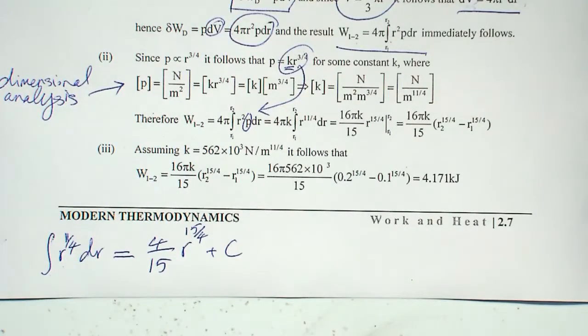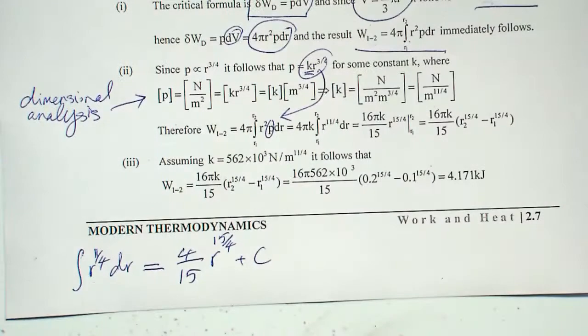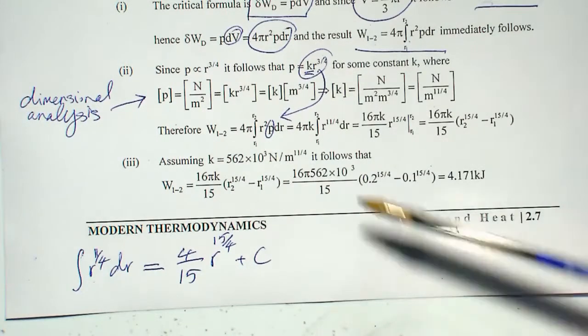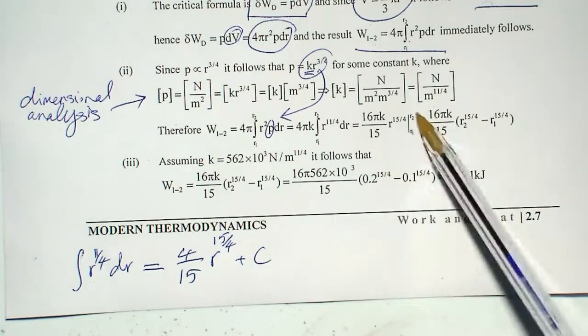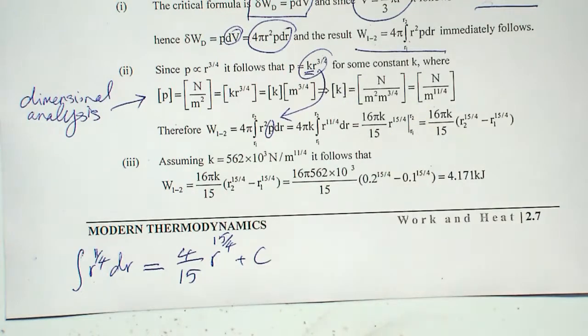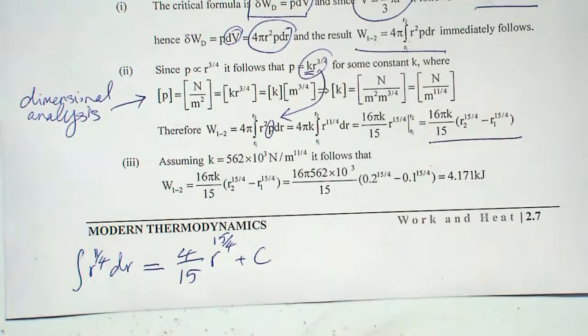This is just to tell you how this has been calculated. Once you do the integration, you just have to put the values in there, R2 and R1, and you end up with this equation.